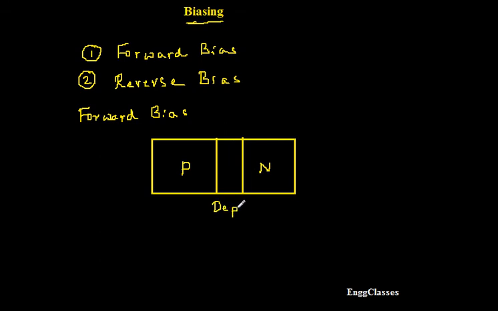Are you getting it? This is the region of depletion, also called simply a junction. Now if I want to use it in the external world, I should have the contact leads, which are provided over here, and another lead over here.